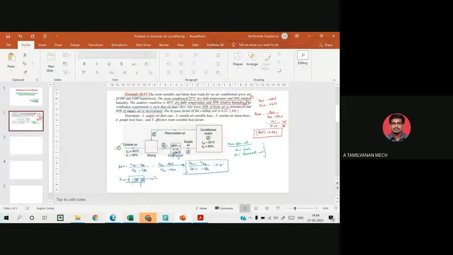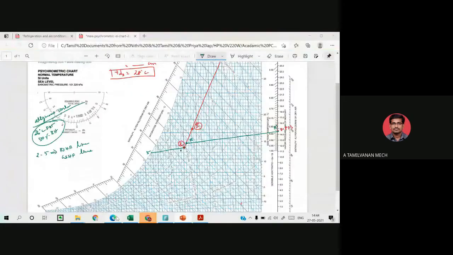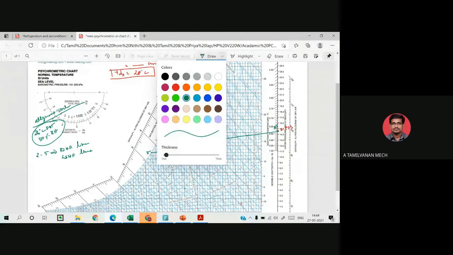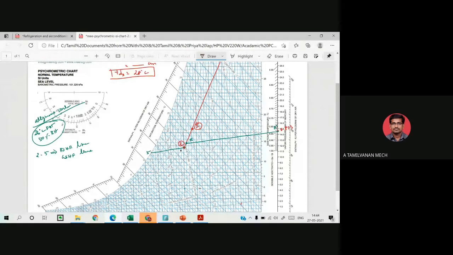Please observe, in a psychrometric chart you draw a line through 3 and 6. Approximately the bypass factor is equal to 0.15. Here you draw one sample line, in brown color, please note that. This is the point number 6.